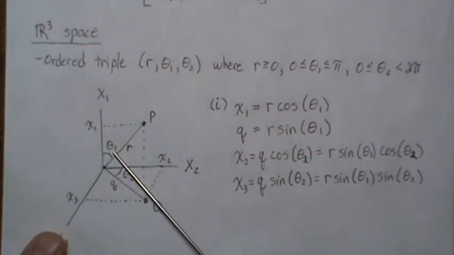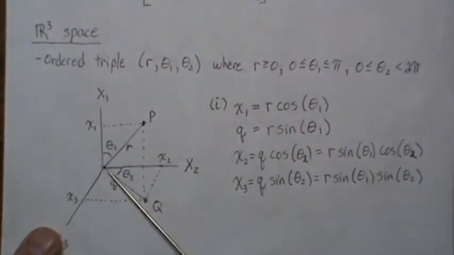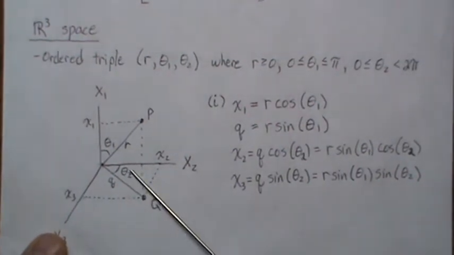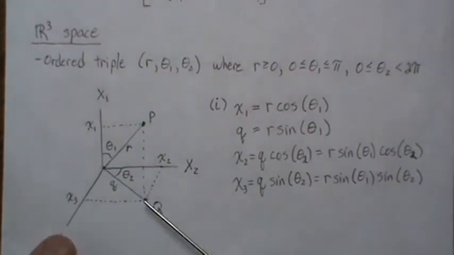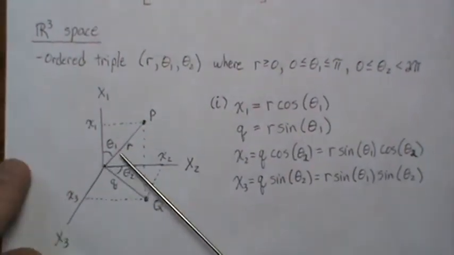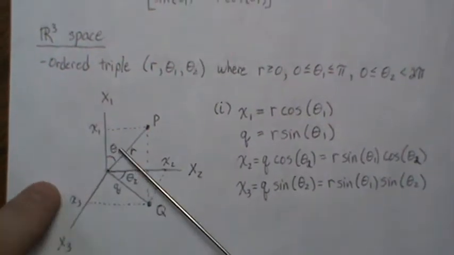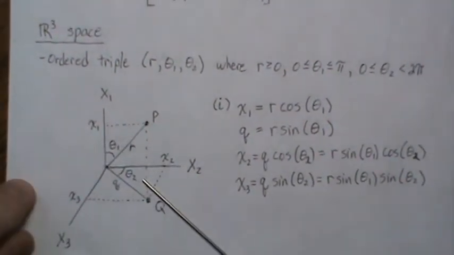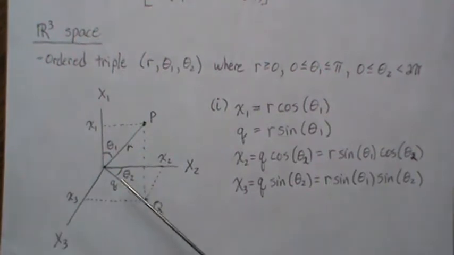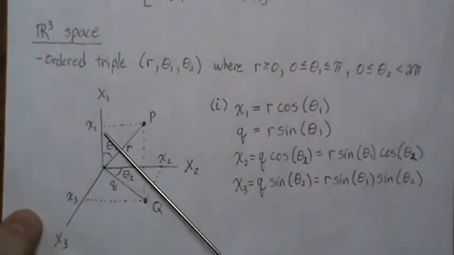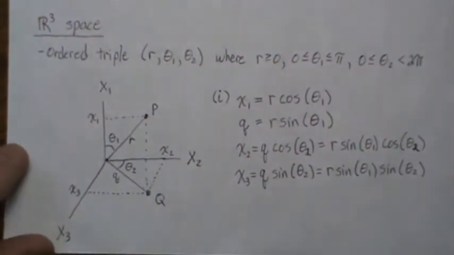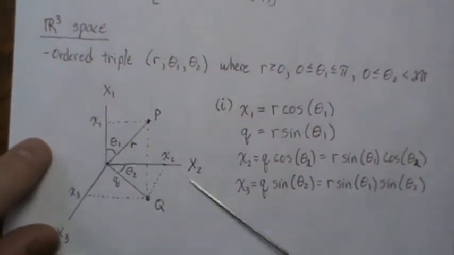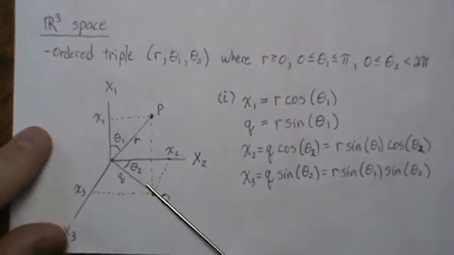Theta 1 is the angle from x1, and theta 2 is the angle from x2. These angles have specific names, zenith and polar angles, and I'm butchering those names, but they are based upon the angle it creates with the axis, and you'd have to look that up.